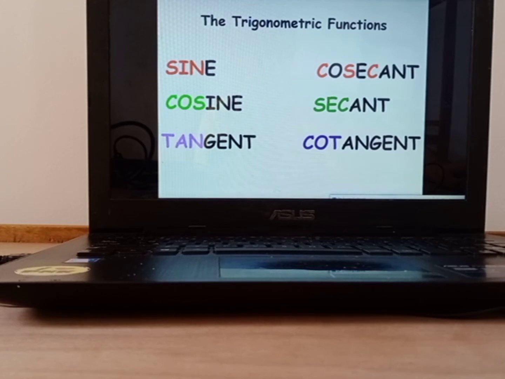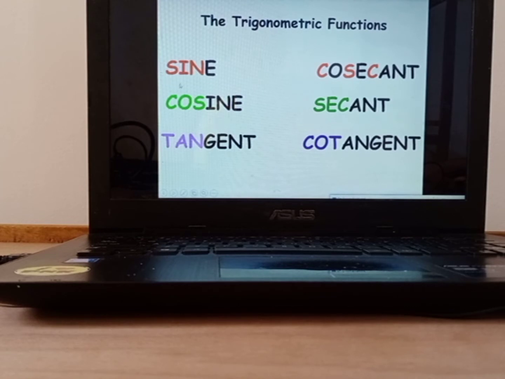So we have here our trigonometric functions, namely the sine, the cosine, the tangent, the cosecant, the secant, and the cotangent function. Cosecant is the inverse of sine, the secant is the inverse of cosine, and cotangent is the inverse of tangent.